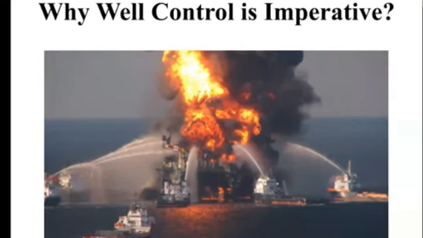It was catastrophic, and if I'm not mistaken, BP had to pay a $20 billion fine for the incident, and it was a well control problem. So I think this picture is pretty self-explanatory. It tells us about the size of the damage in the Gulf of Mexico.